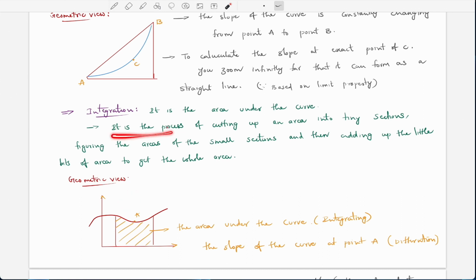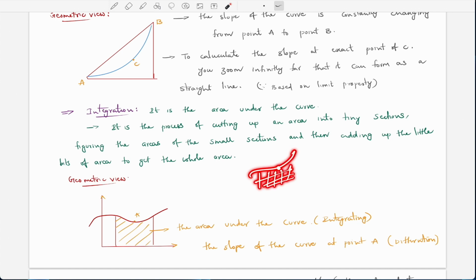It is a process of cutting up an area into tiny sections, figuring out the areas of the small sections, and then adding up those little bits of area to get the whole area. What is it saying? To find the area under the curve, we use integration.